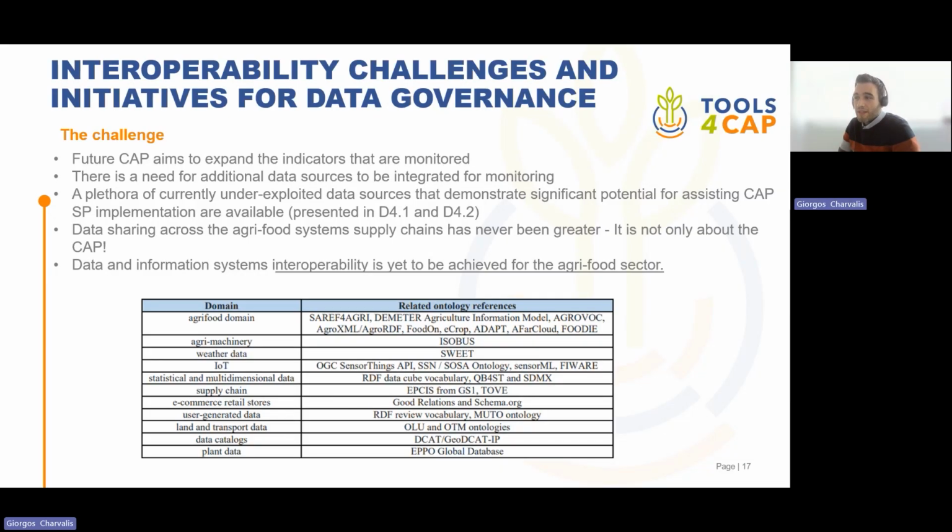There are a lot of ontology references in the agri-food domain, but some are specific to certain sectors, such as livestock or arable crop sectors, and some standards are more available than others.